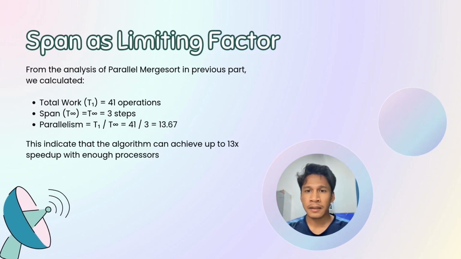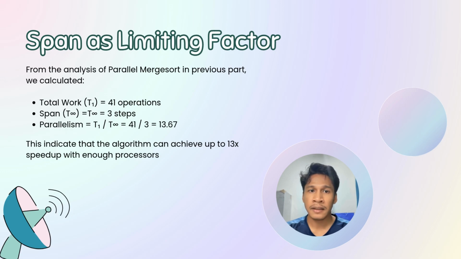From the analysis of parallel merge sort in the previous part, we calculated total work equals 41 operations, span is 3 steps, so we get parallelism of 13.67. This indicates that the algorithm can achieve up to 13 times speedup with enough processors.